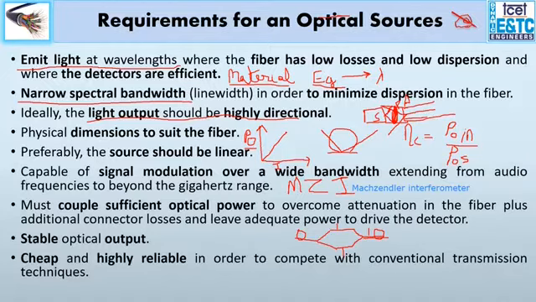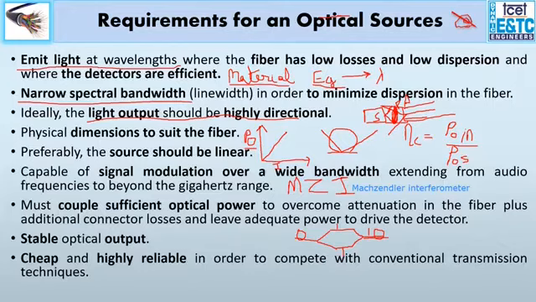Normally, up to 10 gigahertz, the signal should be directly modulated and we should not require any additional device. Your source should be able to do the signal modulation and must couple significant optical power. As I told you, it should have a high coupling efficiency, and for that we even embed micro lenses, very small in size, in our system.